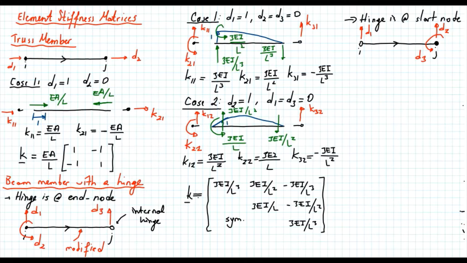And at the end of the day, we obtain a stiffness matrix as follows. K is equal to 3EI over L cubed, minus 3EI over L cubed, and 3EI over L squared.